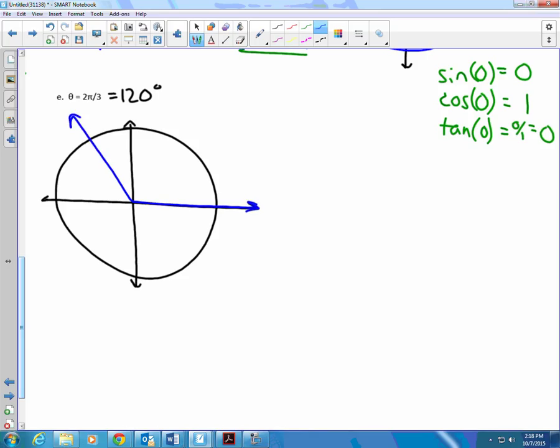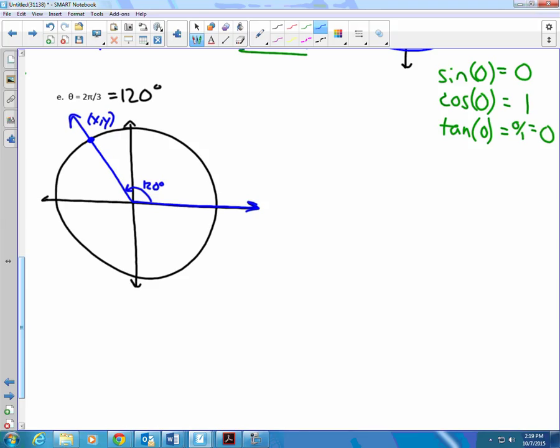We're okay with that drawing? This is 120 degrees, or 2 pi over 3. We are going to look for the x, y coordinate.